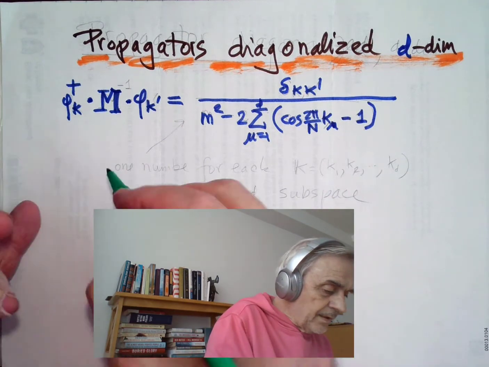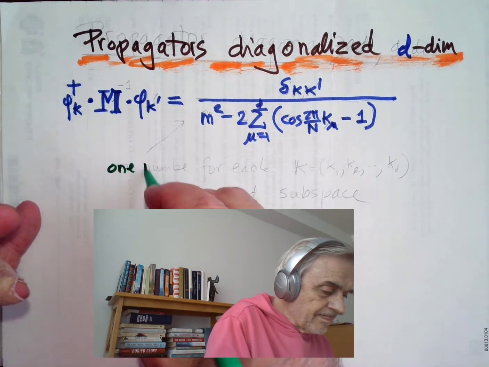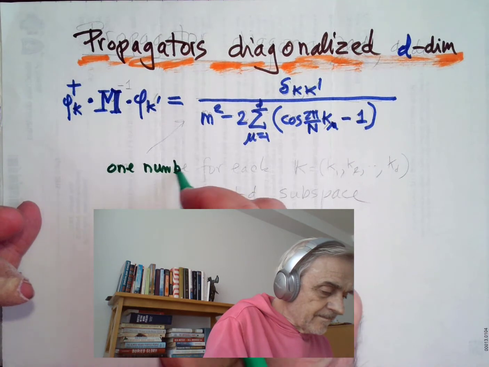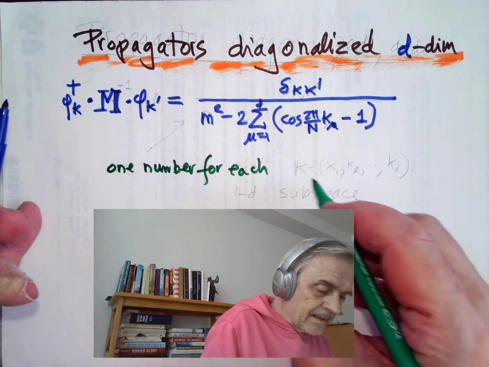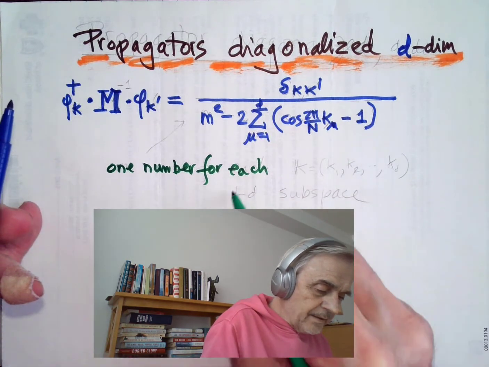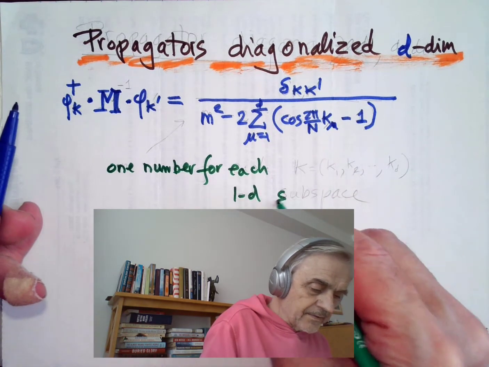So it's one number for each one-dimensional subspace.